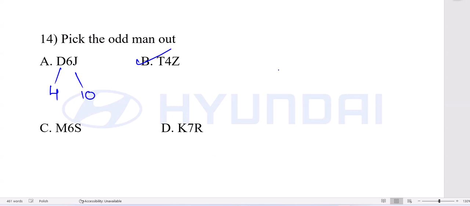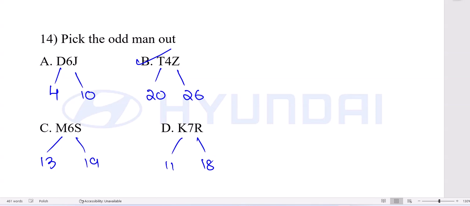What is the difference? 6. K is 11, R is 18. Difference 7. That's the middle one. M is 13, S is 19. Difference is 6, given the middle one. So this is 20, 26. Difference is 6, but they have given us 4. So that's the odd one out. So this is one set of paper related to reasoning.